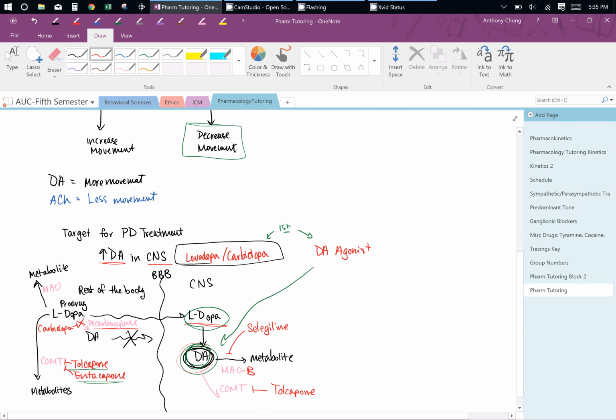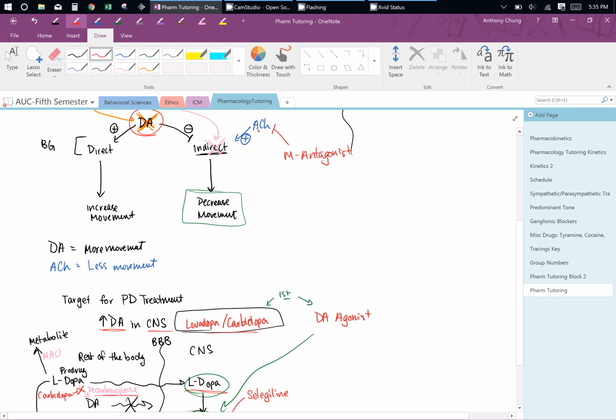Okay, but the first line of treatment is definitely the levodopa-carbidopa. Then you try harder to get the levodopa into the CNS, right? Or you can also try something that will affect acetylcholine. So those are like benztropine and trihexyphenidyl, yeah. I'll post the list later.